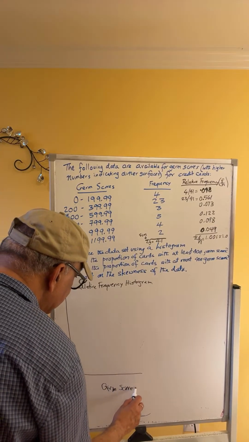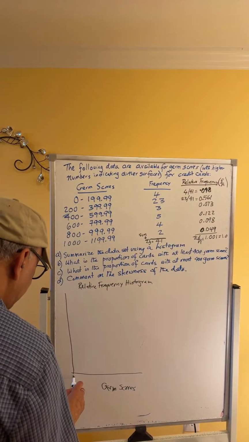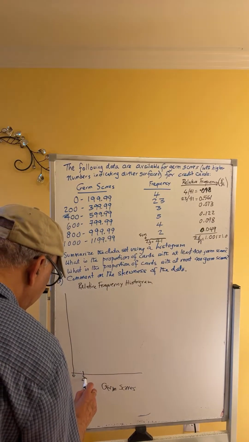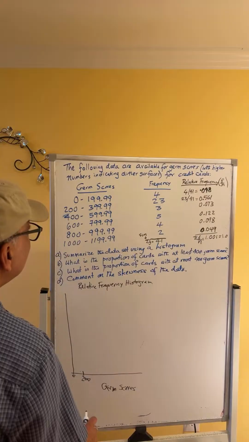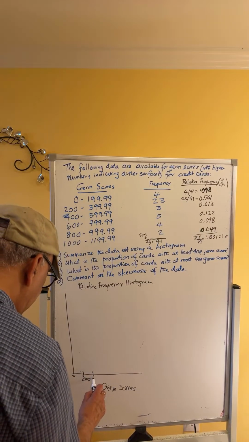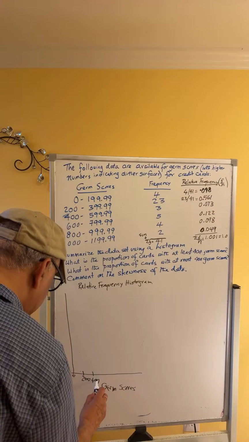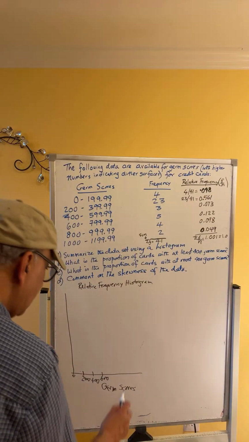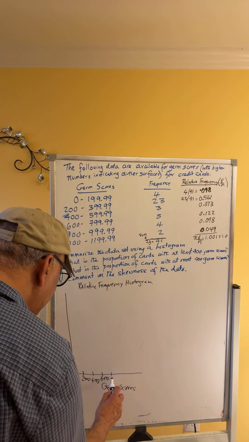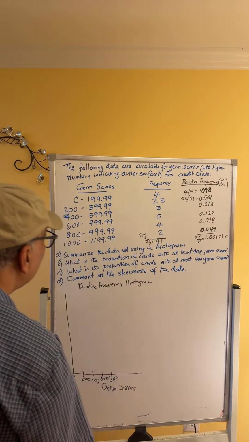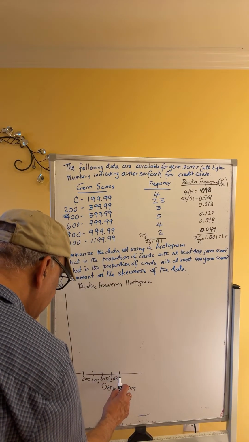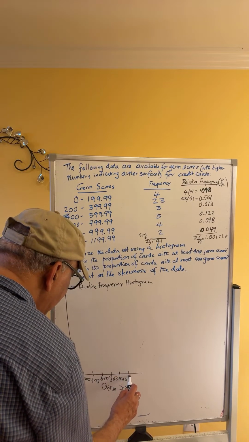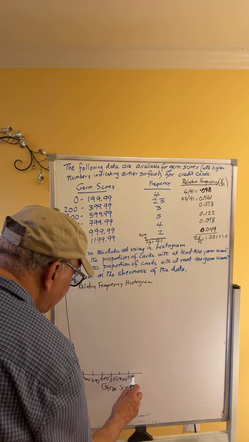So the first class is from 0 to 200, then the next one is up to 400, then up to 600, next one up to 800, increments of 200, next one up to 1000, and finally the last class, which is from 1000 to 1200.